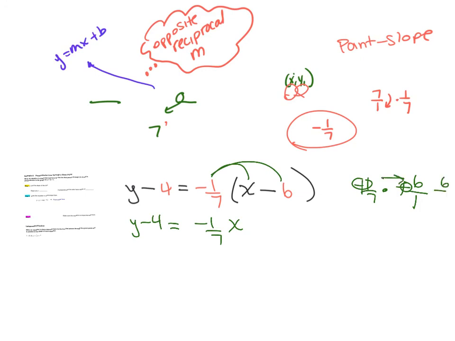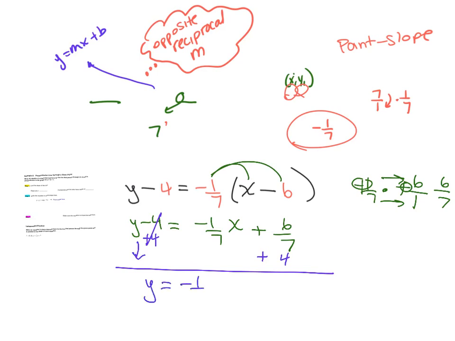Remember how to multiply fractions, you multiply across: 6/7. So plus 6/7. This is still not in y equals mx plus b format because I need to add 4 to both sides. You get y equals negative 1/7 x plus, 6/7 plus 4 is 4 and 6/7.